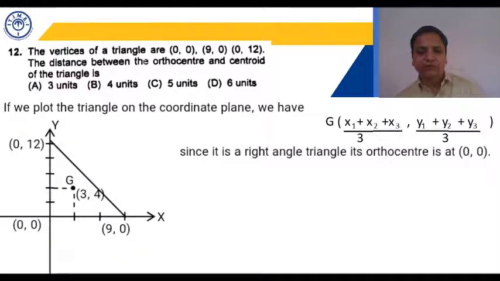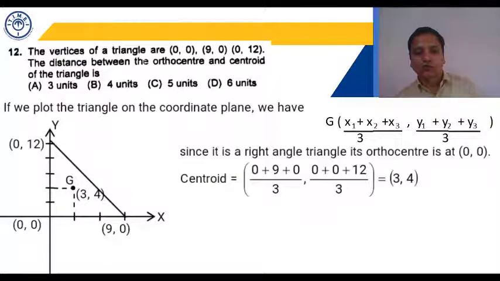That's 0 plus 9 plus 0 by 3 and 0 plus 0 plus 12 by 3. So 9 by 3 is 3 and 12 by 3 is 4. So we get the centroid as 3, 4.